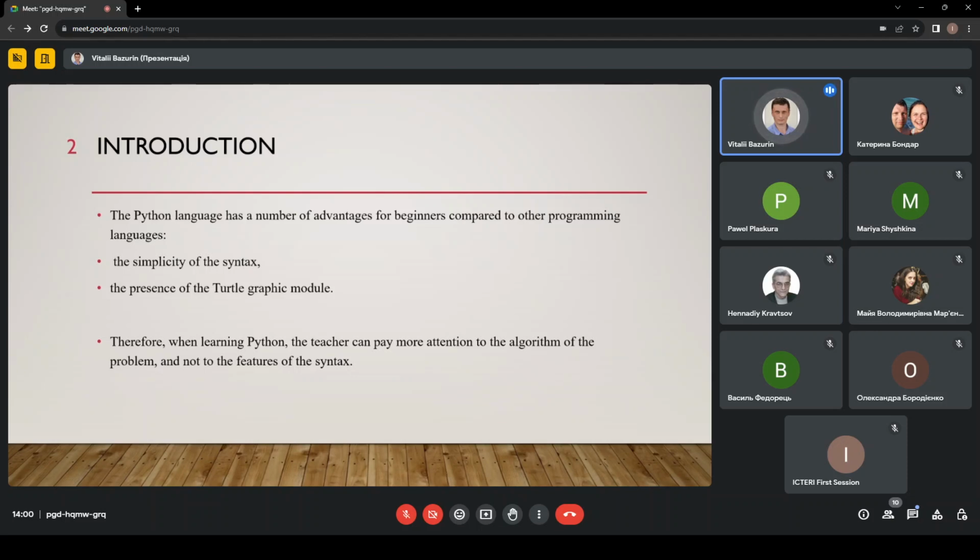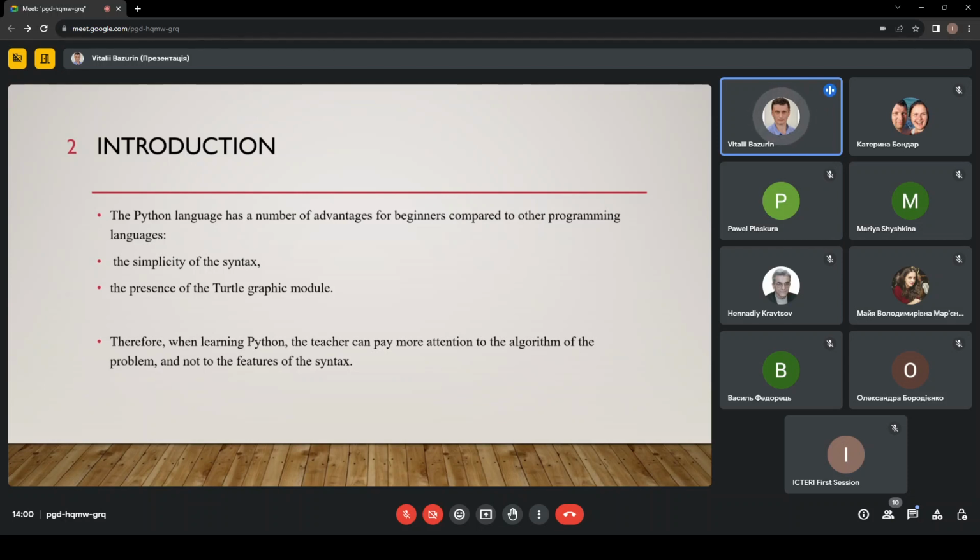But unlike Scratch, commands in Python are written in text form and are not made up of blocks. At this stage, pupils experience certain difficulties in creating programs. Many pupils are demotivated because of that. As a result, the pupils' success in learning the basics of programming drops significantly.